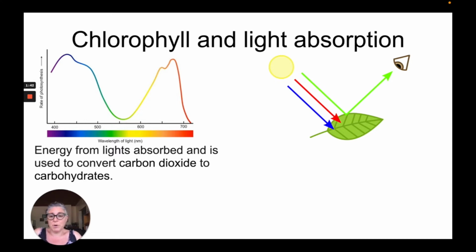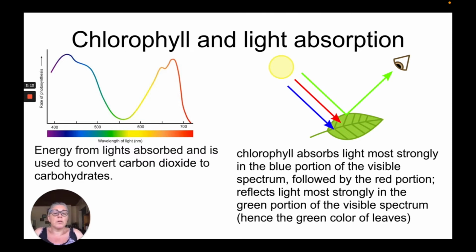There are some experiments done using different wavelengths of light, like a purple light, a blue light or a green light, to see where the most photosynthesis occurs. And so we know that it mostly occurs in the dark blue to red areas, not the green.